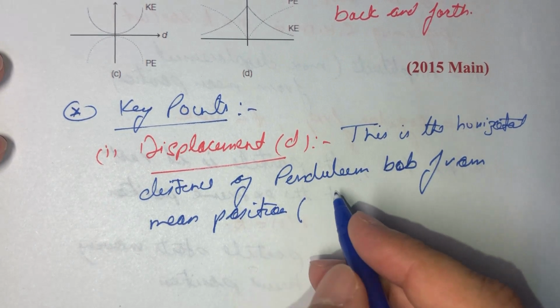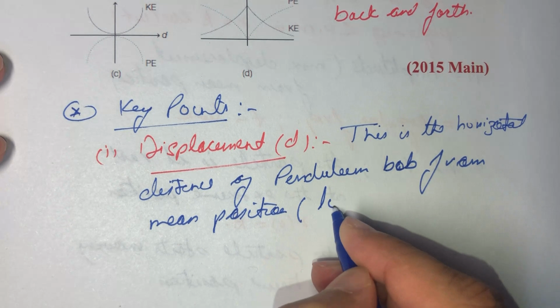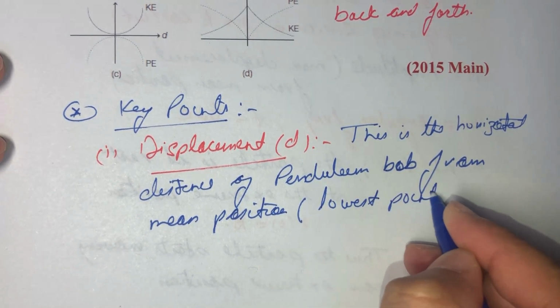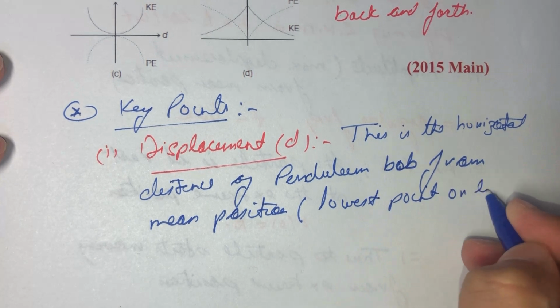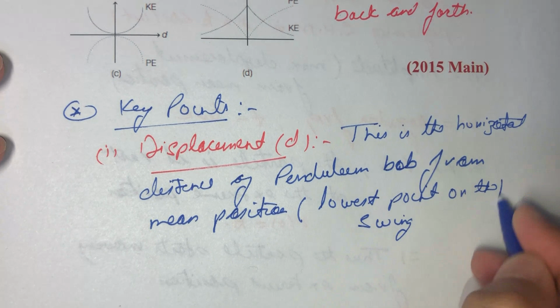And here mean position means the lowest point on the swing.